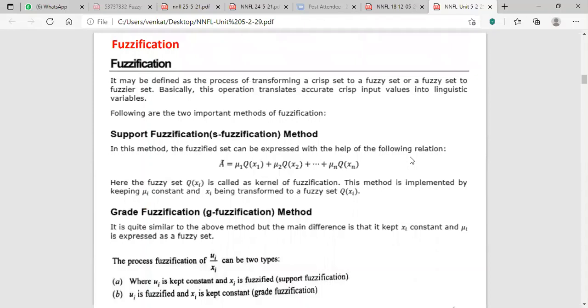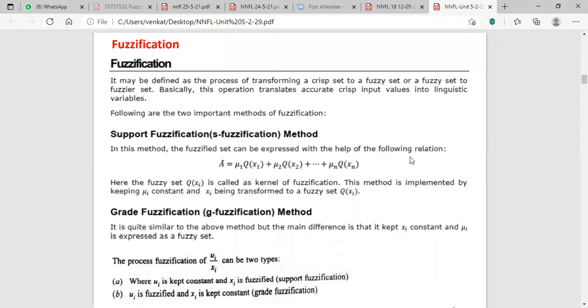So fuzzification is defined as the process of transforming a crisp set to a fuzzy set or a fuzzy set to a fuzzier set. The basic operation translates accurate crisp input values into linguistic variables. Two important fuzzification methods are support fuzzification and grade fuzzification.